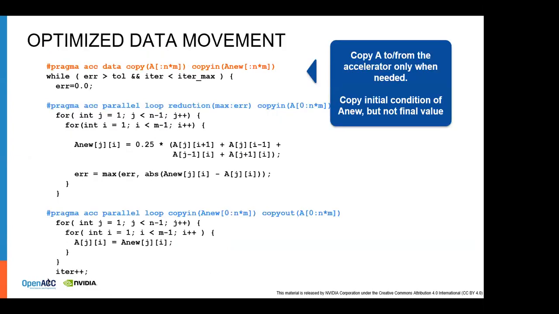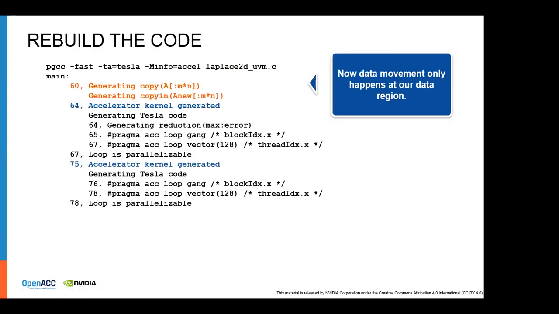Now, I'm simply adding this data pragma, you see, and I'm copying the array A and the array NU, simply copy in because it's temporary anyway. And I'm doing that outside of the iteration loop. So now I have a data region which will span all over these different processing regions. And if I compile, you see that now I have these extra comments which are added.